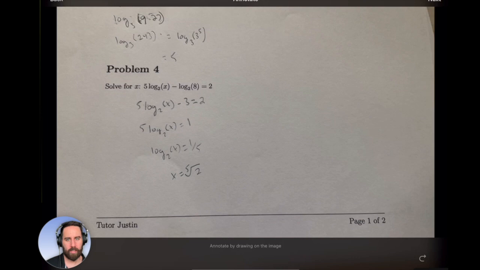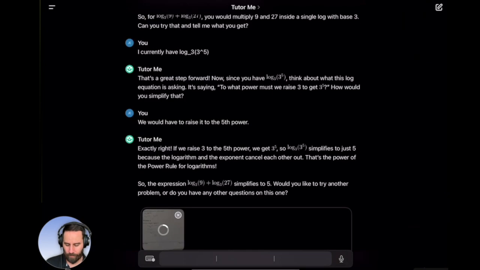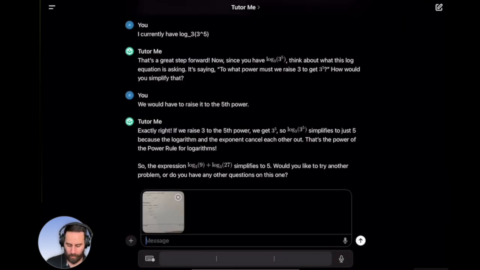Because I know log 2 to the base 8 equals 3. I subtracted 3 to the other side instead of adding it. So let's see if it catches it, and let's see what it says. Next. So perfect. Thank you.